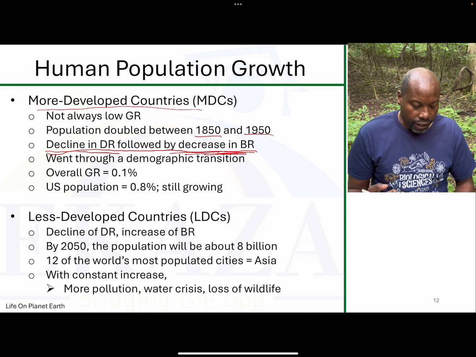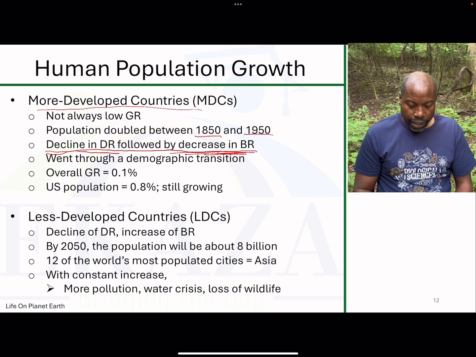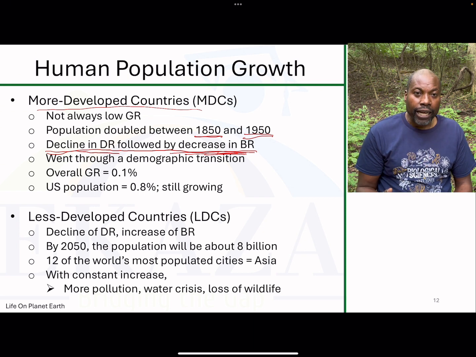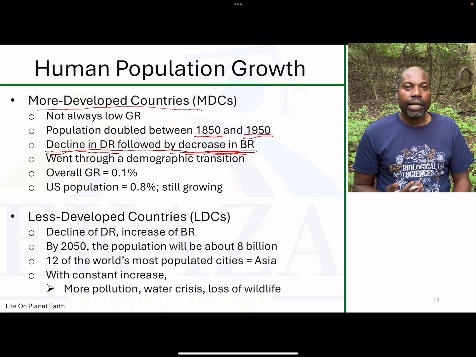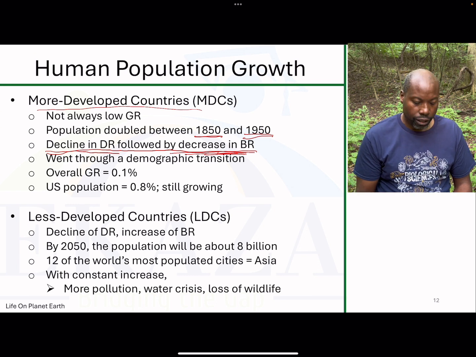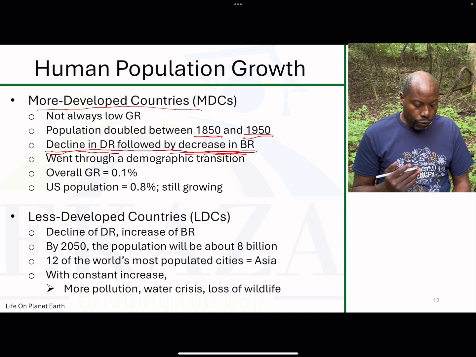We see, for instance, that between the year 1850 and the year 1950, about a century, the population doubled, right? That population doubled because of an increase in birth rate and a decrease in death rate. The population in more developed countries went through a transition, so that overall today the growth rate is very low.